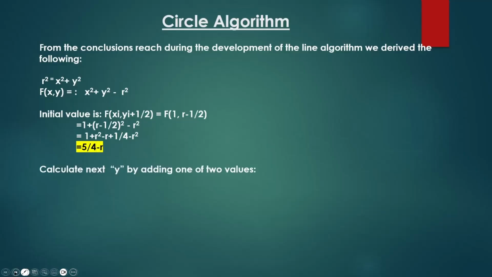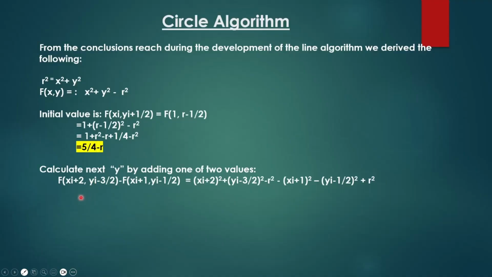Next, we're going to calculate the next y by adding one of two values. The first value is if the y has been decremented. As we're going down on the circle in the first quadrant we're looking at, we have to decrease the y.